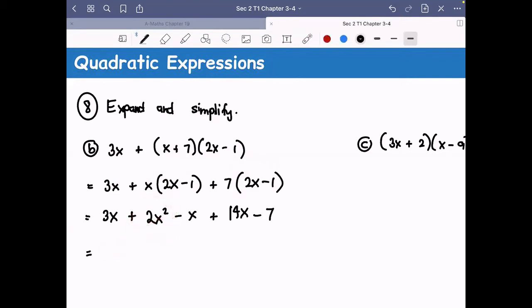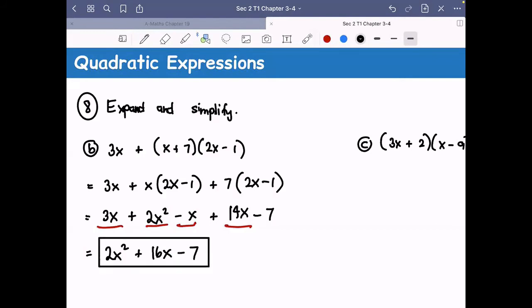Okay, so this one is 2x squared. And then what's next? So I can combine 3x, negative x, and 14x. So what do you get? So you get 17 minus 1 is 16x. So plus 16x and then minus 7. All right. So this is the final answer.